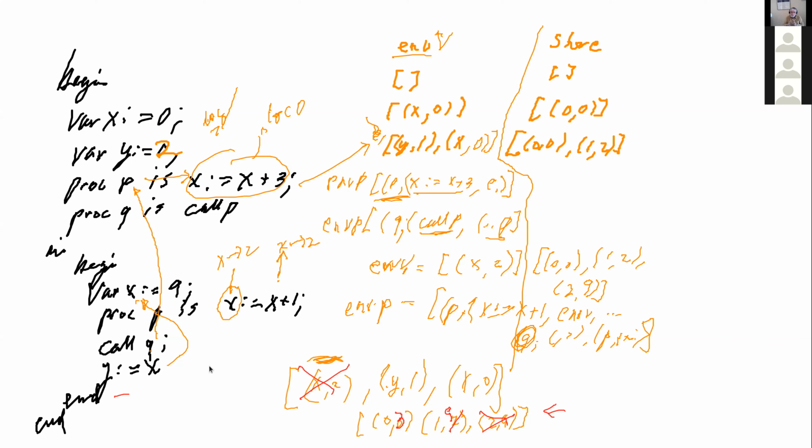Now, you can just save a stack, and this is kind of the naive thing to do, or the thing that you end up doing by default. If you write naively a compiler or an evaluator for a programming language, you end up implementing dynamic scoping, because all you do is keep pushing things on.